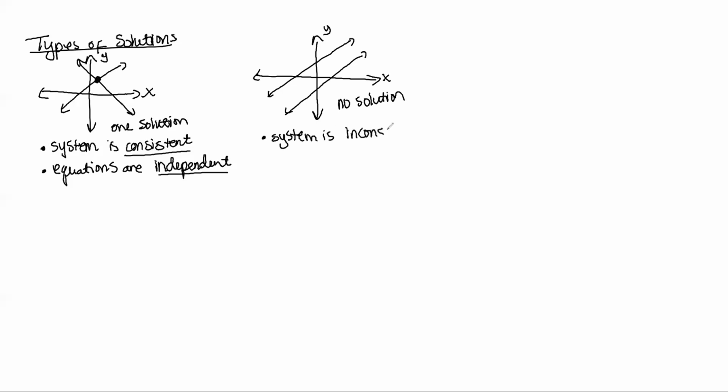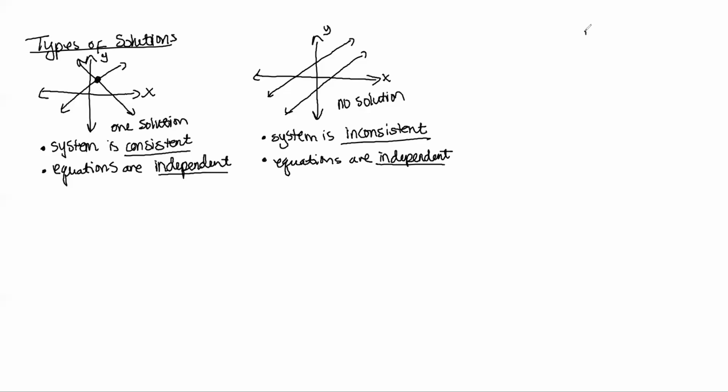So the way I remember this is inconsistent, no solution. If it has a solution, it's always consistent. And then the equations are still independent. And so just think, if they're not the exact same line, they're going to be independent.